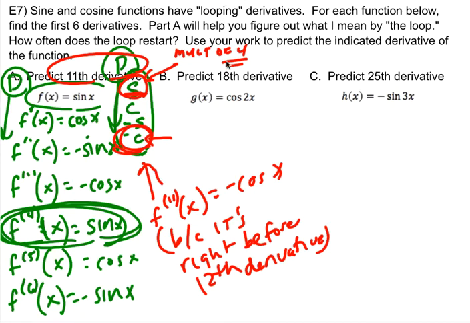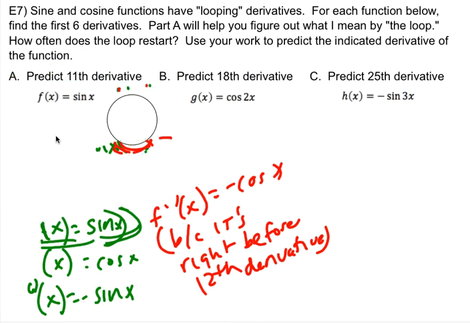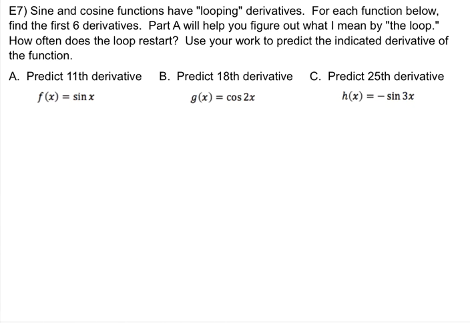So I'm going to erase and give myself a little bit of space to do these because I'm a little bit low on space. So I'm going to put that loop up just so that you're aware of it, okay? So the loop that we had was sine, cosine, negative sine, negative cosine, right?